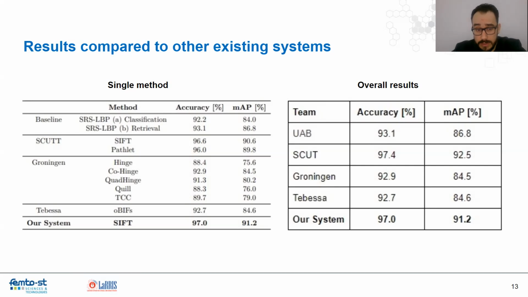And as a third system, they combined all three together, and they got a little bit better result, 97.4 accuracy and 92.5 for the mean average precision, a slightly better improvement. But by combining methods, it requires more processing and more time, and costs more resources. So using a single method, our system has surpassed all the other systems.